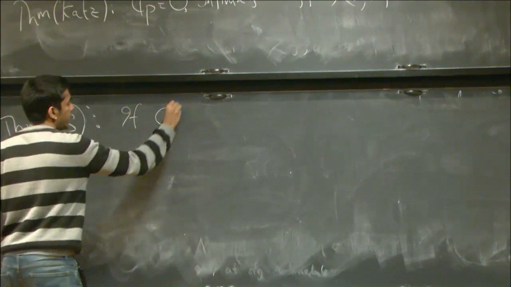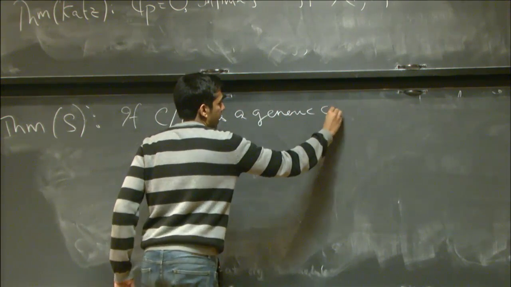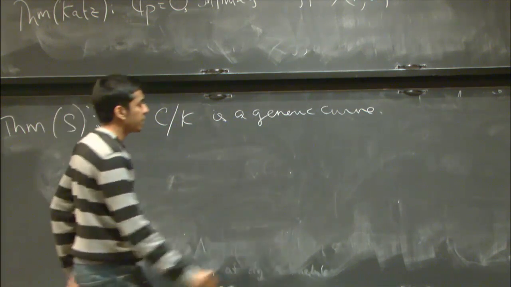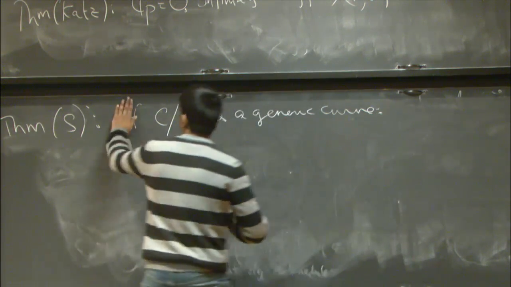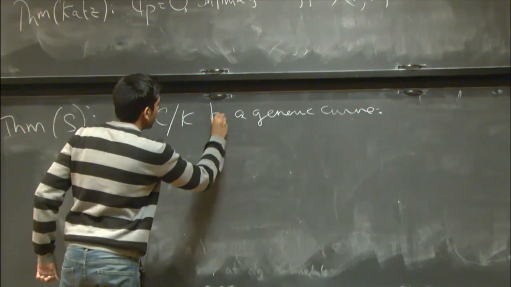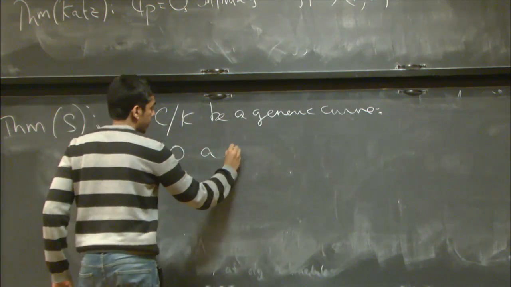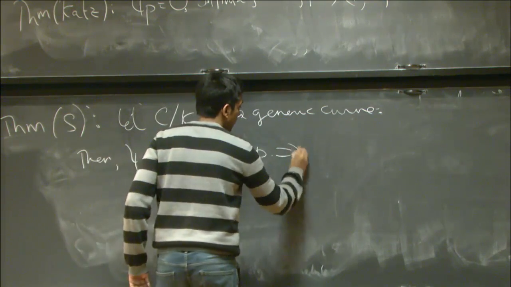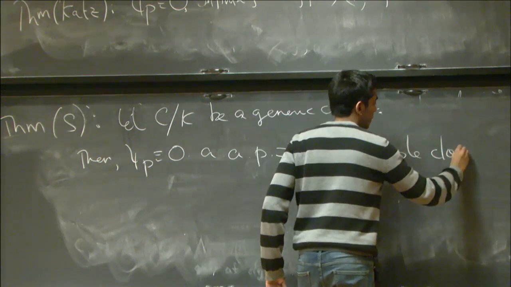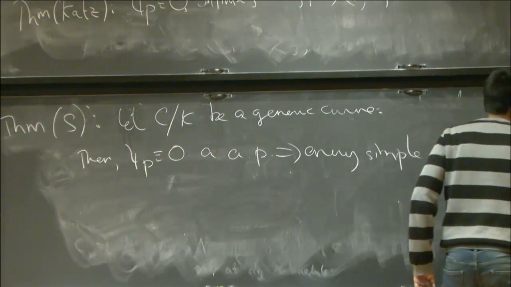If C over K is a generic curve, and I'll define what this means precisely in just a minute, then the p-curvature vanishing for almost all primes p implies that every simple closed loop has finite monodromy.